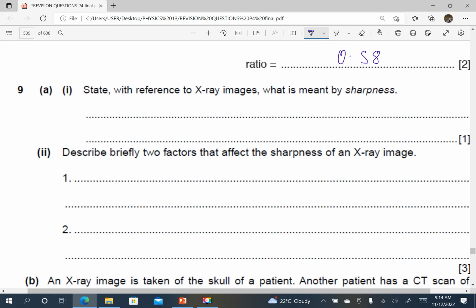State with reference to an X-ray image what is meant by sharpness. Sharpness refers to the ease with which the boundaries are determined, or the ease with which the edges between organs can be clearly distinguished.